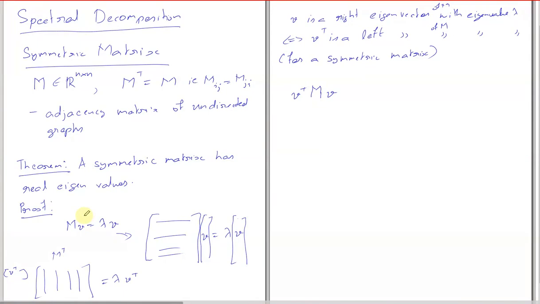Right now we don't know that the eigenvalues are real; that is what the theorem states. So lambda might be complex, and V can also be complex as of now.